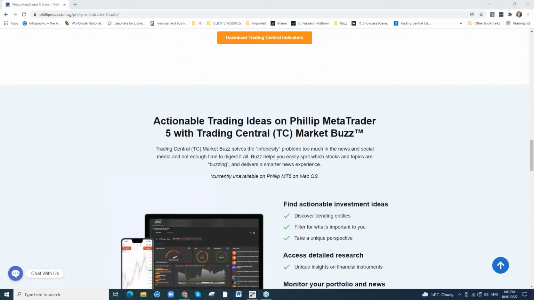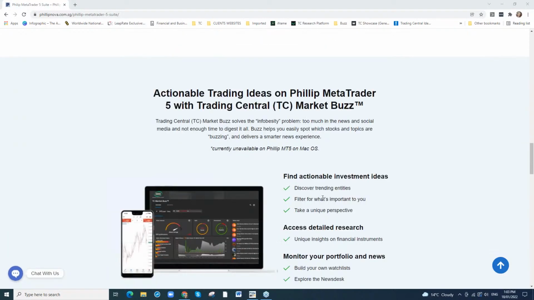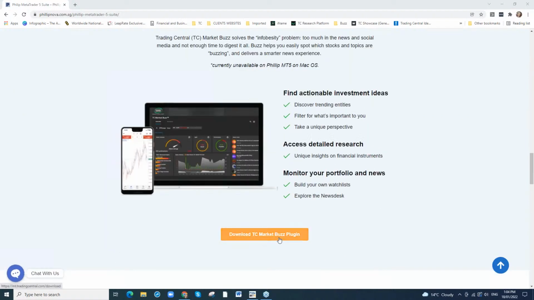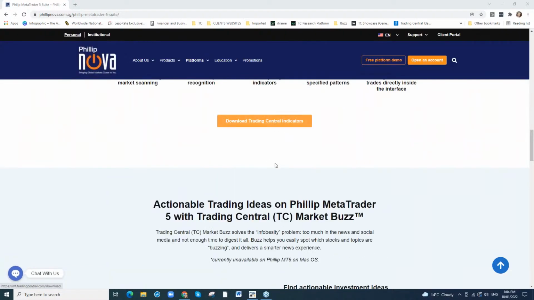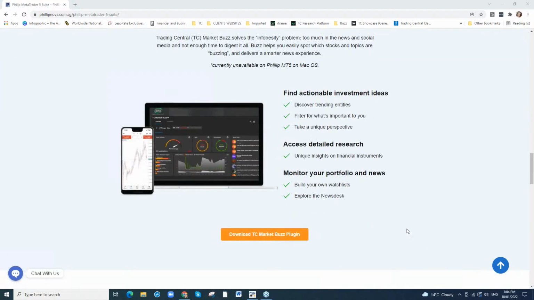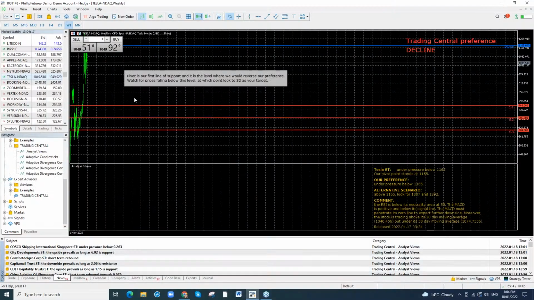If you scroll a bit more down, you will get more information regarding TC Market Buzz. And again, if you click here, you will download the plugin. It's the same plugin. If you download it from either button, it will start a small setup and it will appear on your Philip Futures MT5.